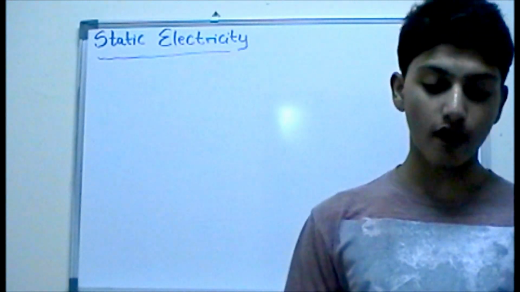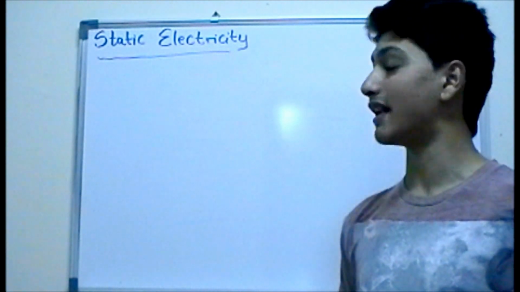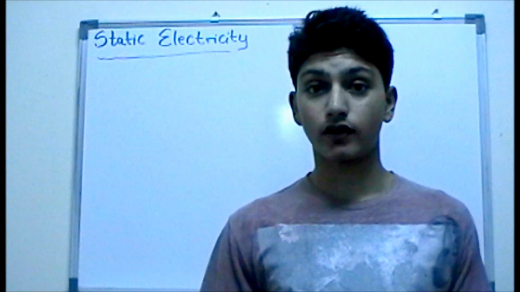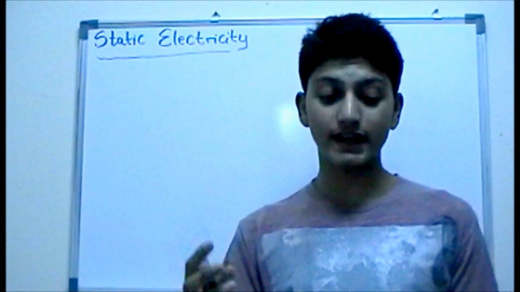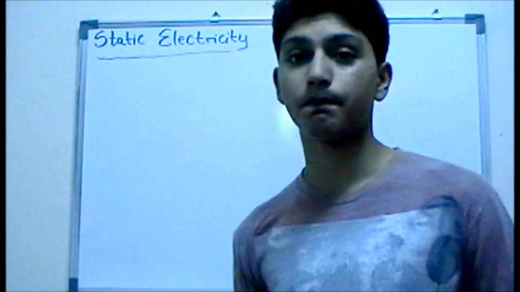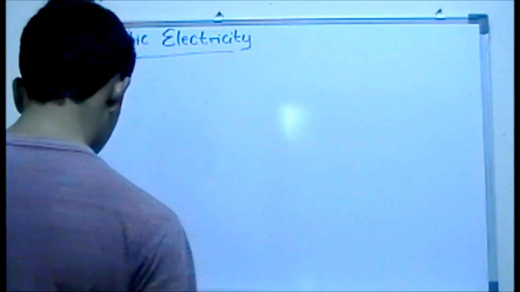So let's start off with what makes up the atom. All the matter in the universe is made up of tiny little particles known as atoms. Atoms are made up of smaller subatomic particles.